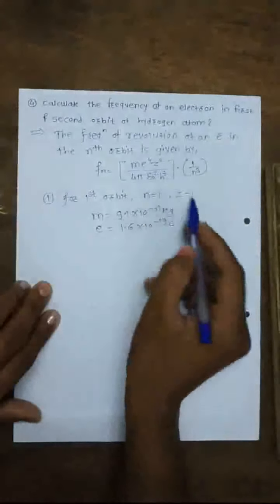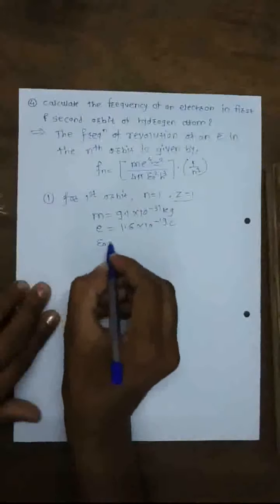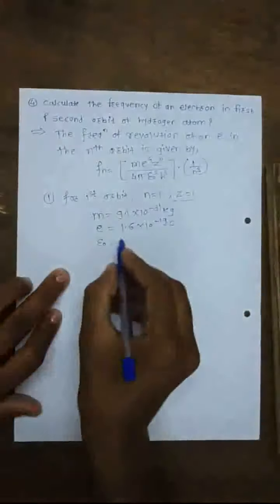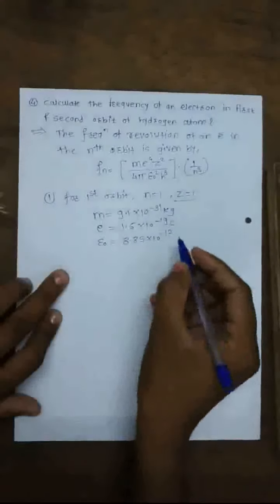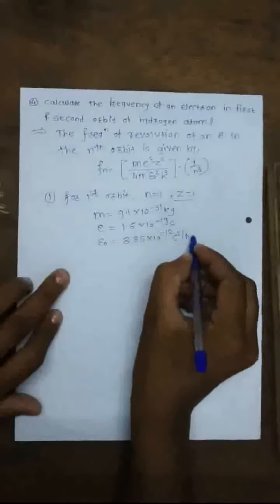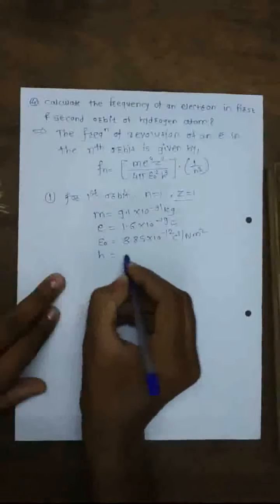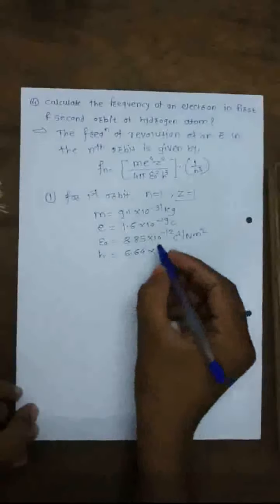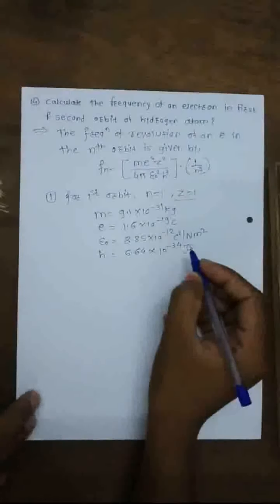Z is the atomic number having value 1. Pi is a constant 3.14, and epsilon 0 is the permittivity of free space, that will be 8.85 into 10 raised to minus 12 coulomb square per Newton meter square, and h is Planck's constant having value 6.64 into 10 raised to minus 34 joule second.